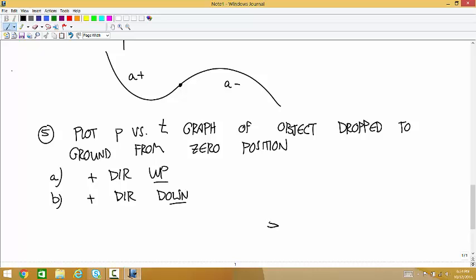So in both cases, what we're talking about is dropping an object where this is the 0 position. That's the position equals 0.